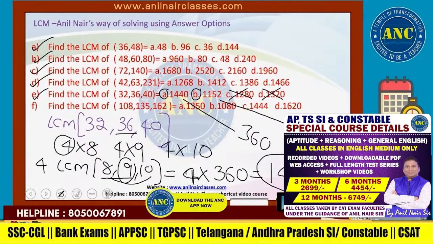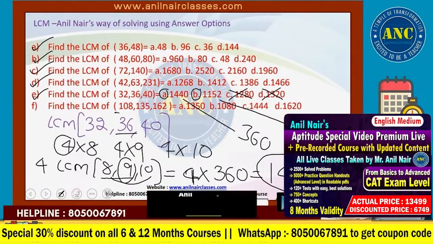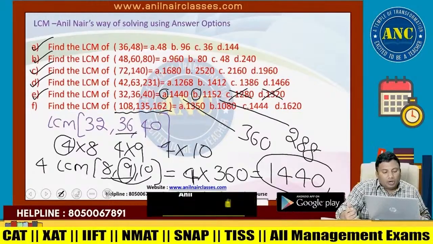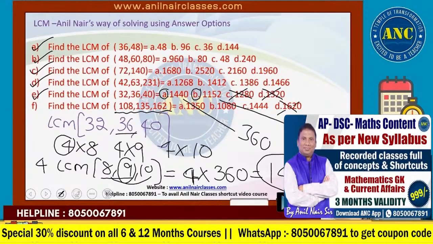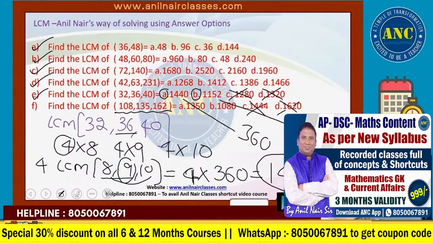LCM of 108, 135, 162. In all the answer options the digital sum is 9. That is the beauty of our class. So this is eliminated. This is eliminated.